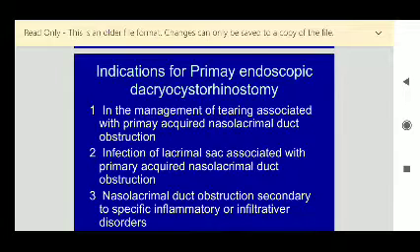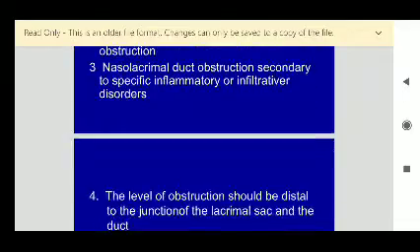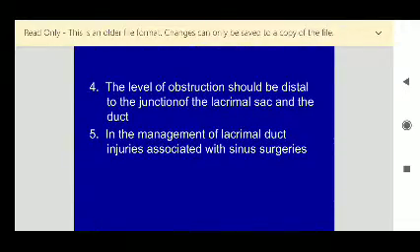Indications for primary endoscopic dacryocystorhinostomy: in the management of tearing associated with primary acquired nasolacrimal duct obstruction, infection of the lacrimal sac associated with primary acquired nasolacrimal duct obstruction, and nasolacrimal duct obstruction secondary to specific inflammatory or infiltrative disorders. The level of obstruction should be distal to the junction of the lacrimal sac and the duct.